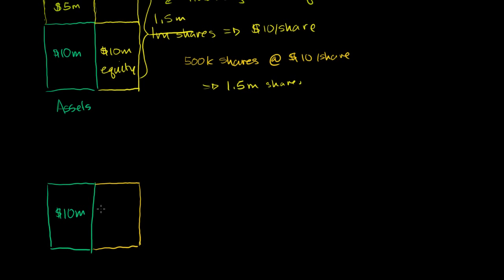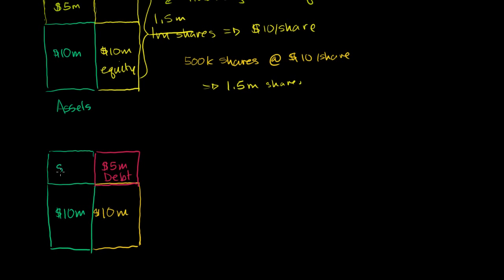And instead of issuing stock to get the $5 million, we're going to borrow the money. So we're essentially issuing debt. So we could go to a bank and say, hey, bank, can I borrow $5 million? So we would have $5 million in liability. It would be debt, $5 million of debt. And the bank would give us $5 million of cash that we can then go use to buy our factory.